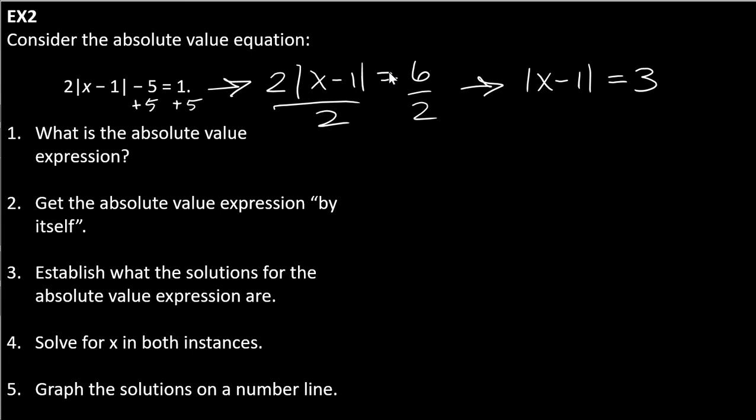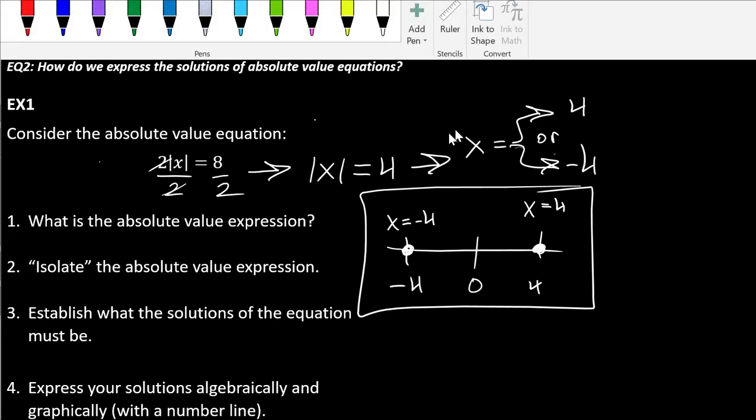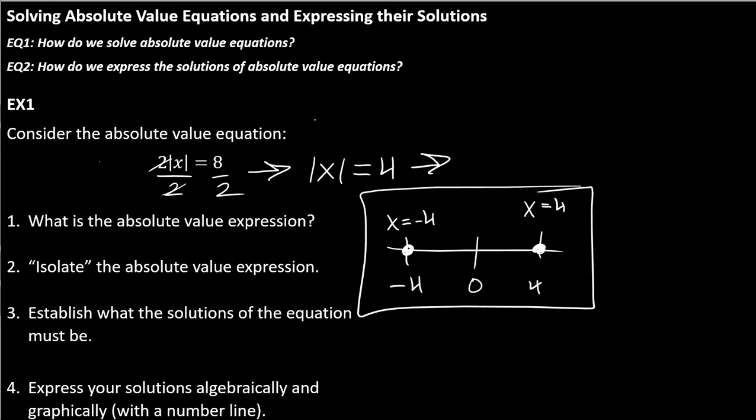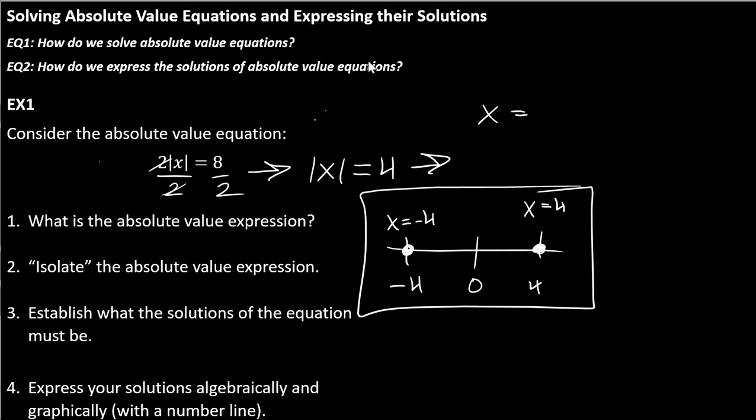So what does this mean exactly? Well, it means either x minus 1 is equal to 3 or negative (x minus 1) is 3. This is analogous to what we were doing over here. It's a little bit changed up. Another way we could look at this, instead of saying that x is plus or minus, we also could have said positive x is equal to 4 or negative x is equal to 4.